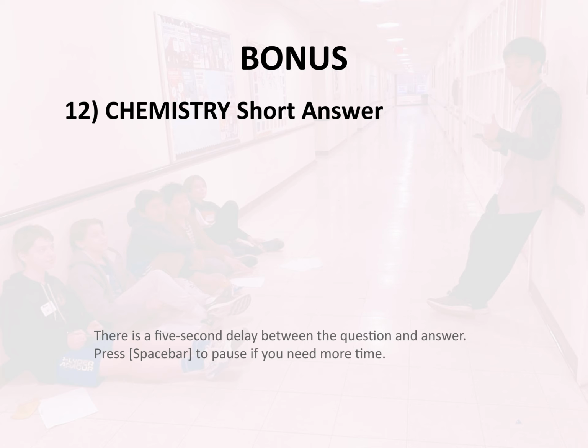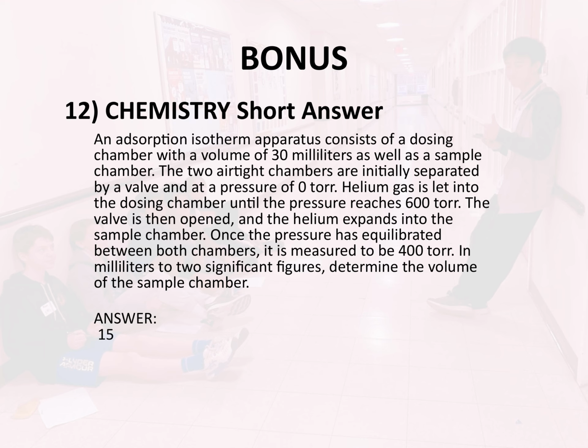The valve is then opened, and the helium expands into the sample chamber. Once the pressure has equilibrated between both chambers, it is measured to be 400 torr. In milliliters to two significant figures, determine the volume of the sample chamber. Answer. 15.